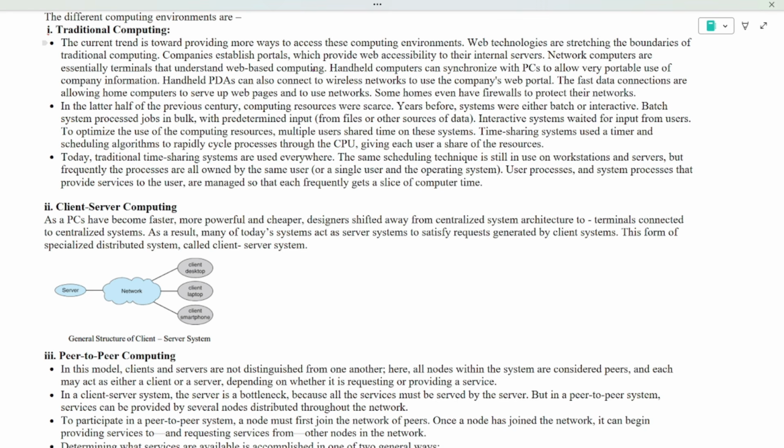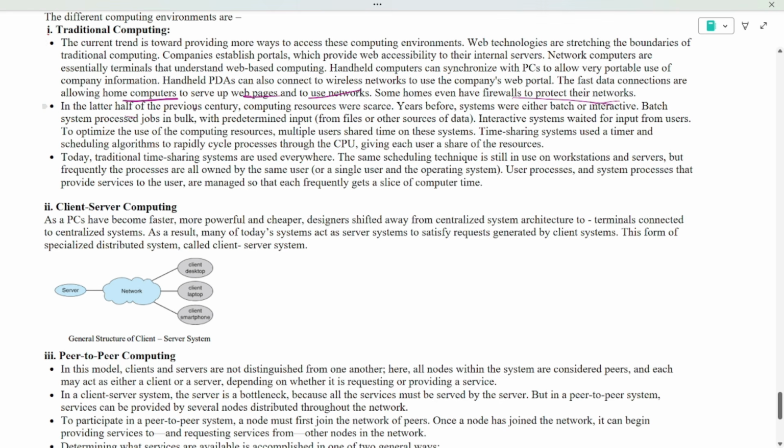Companies establish portals which provide web accessibility to the internal servers and network. Nowadays this is happening, but in olden days it was not like that. Fast data connections are happening from home computers, and web pages are being connected to networks. Some homes even have firewalls to protect their networks.